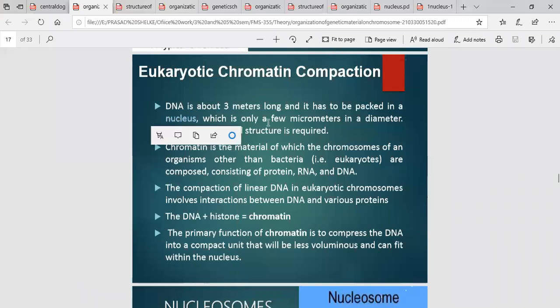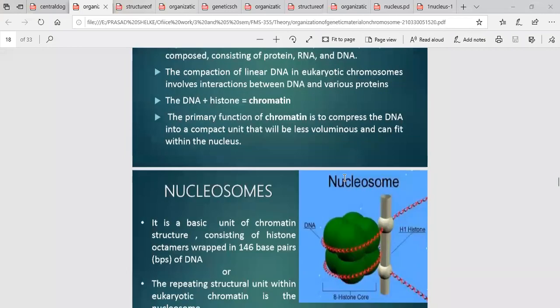So it should be compacted. That's how it can be adjusted inside the nucleus. So chromatin is the material of which the chromosome of an organism other than bacteria is made.